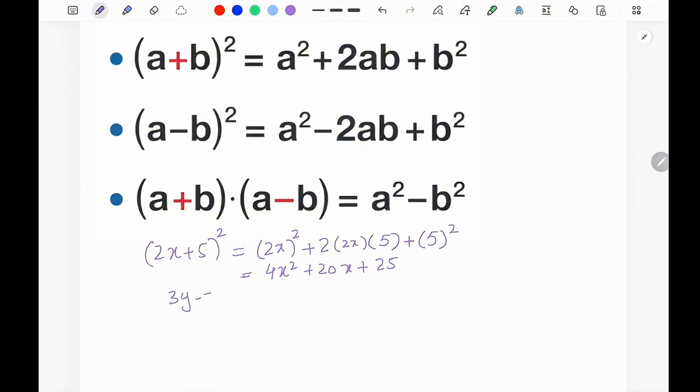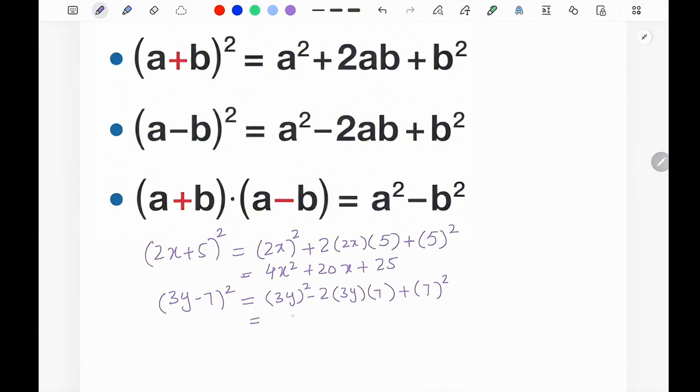(3y minus 7) square. Now here you can see that our a is 3y and our b is 7, and we will be using this identity over here. So in the first place we have to write the square of a, means we will write (3y) square, minus twice the product of both terms whose difference is there, which is 7, and plus 7 square.